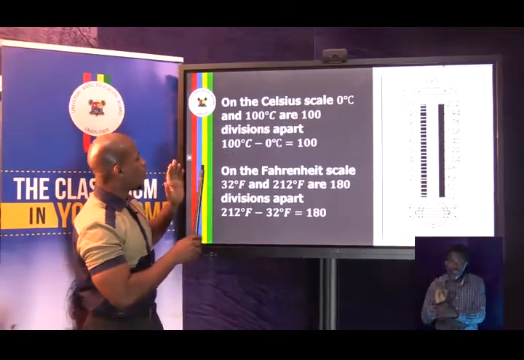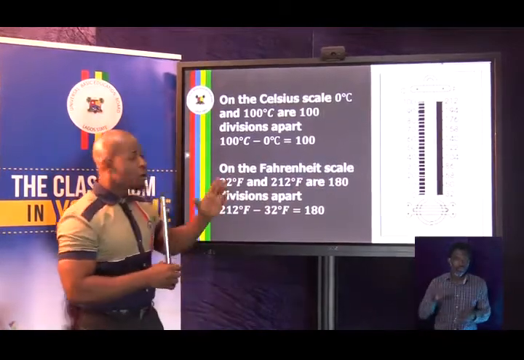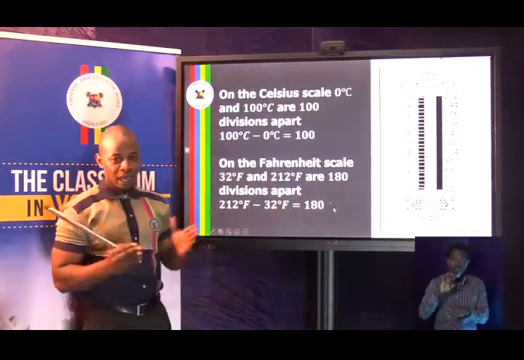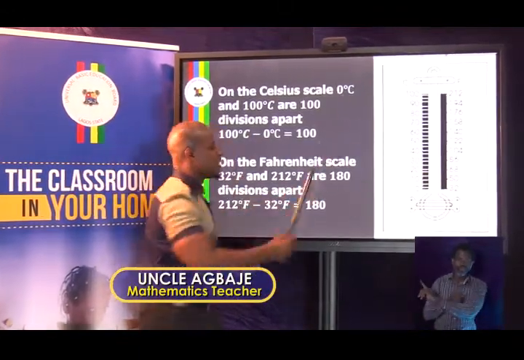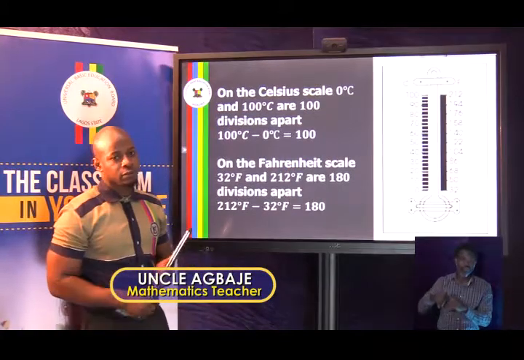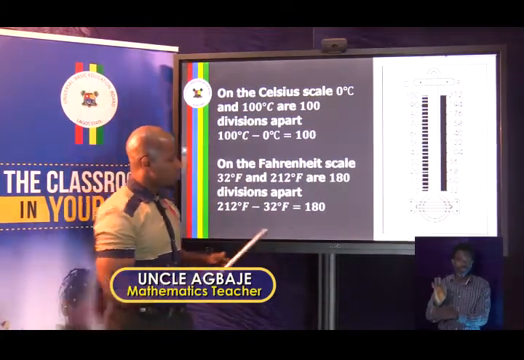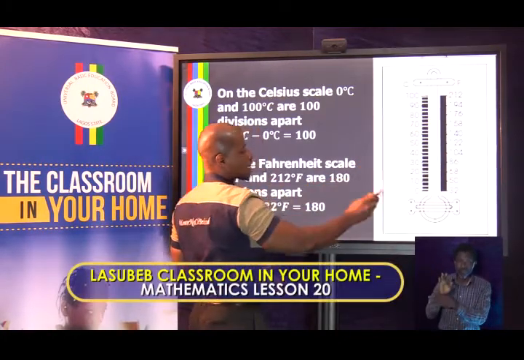Now, on the Celsius scale, on this left side, 0 and 100 are 100 units apart. That is, when you say 100 minus 0, from here to here is just 100 units. Is it the same on the Fahrenheit scale? Let's see. On the Fahrenheit scale, the largest is 212 and the lowest is 32.